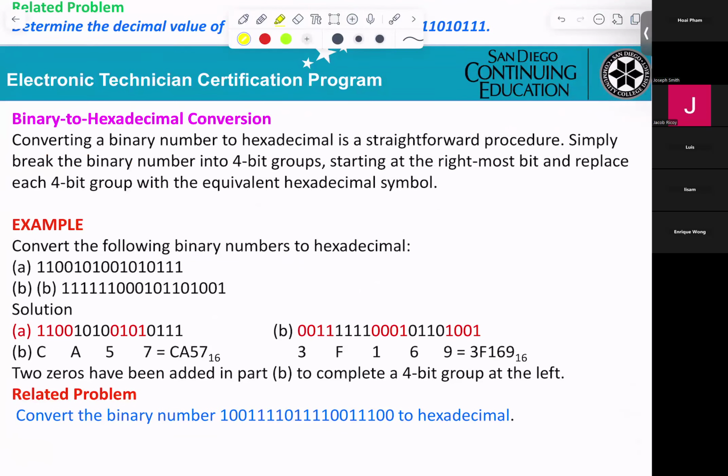Binary to hex conversion. You get the binary here. They say, I want the hex number.